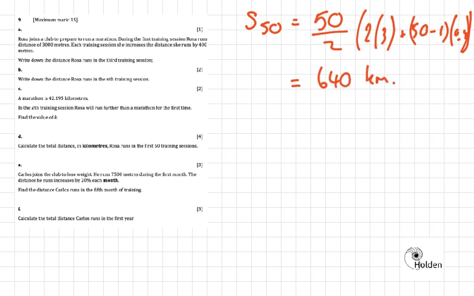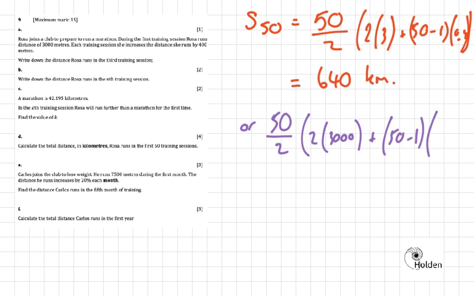If you went the other way, you might have written it as 50 over 2, 2 times 3,000 plus 50 minus 1 times by 400. That's going to give you an answer of 640.123 kilometers. But then you need to change into kilometers.